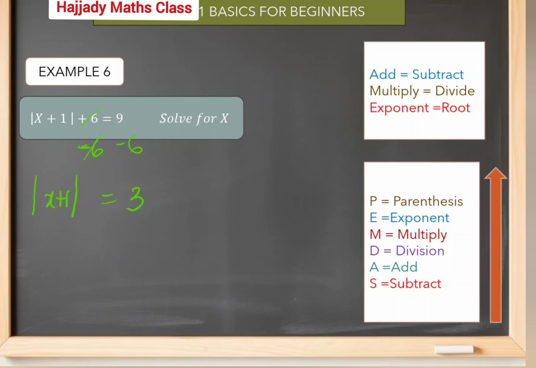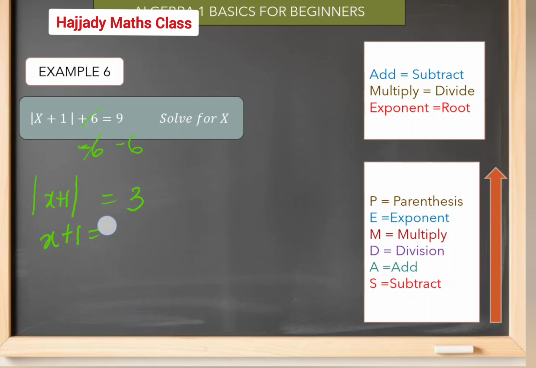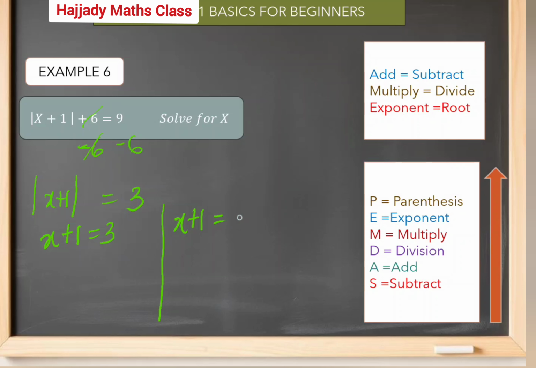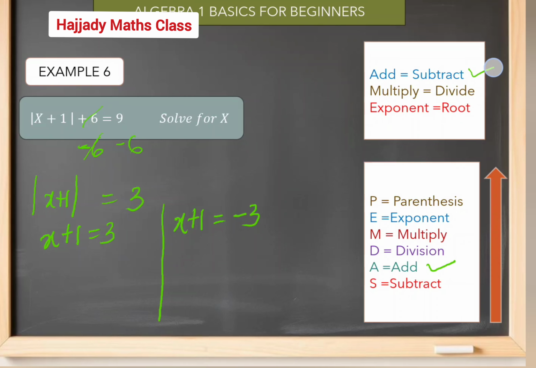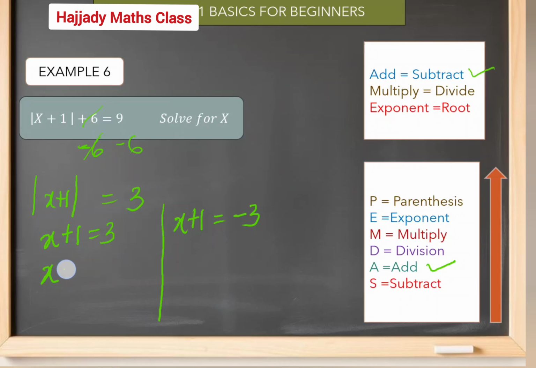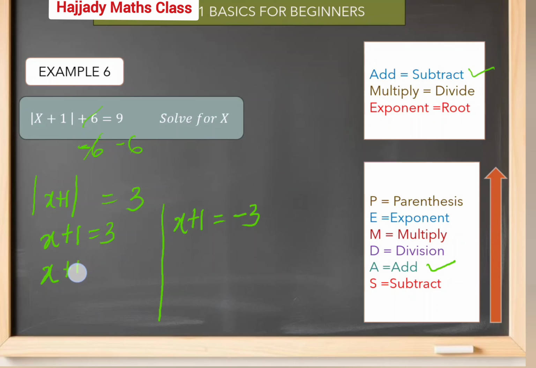Then you can apply the rule of absolute value, which says that here we have x plus 1 equals 3, which is the positive side, or we have x plus 1 equals negative 3. The rule is still the same, addition, and the inverse is subtraction. So here we have x plus 1 equals 3.